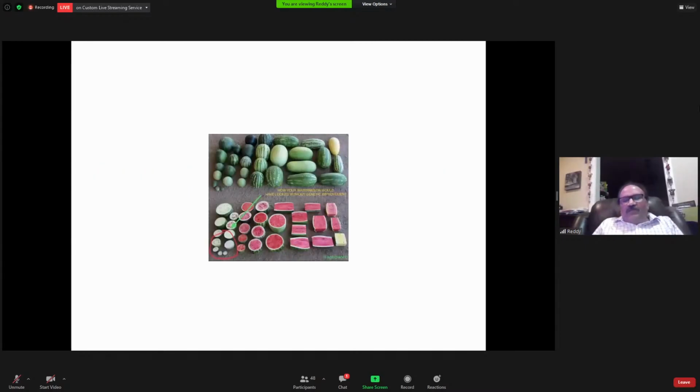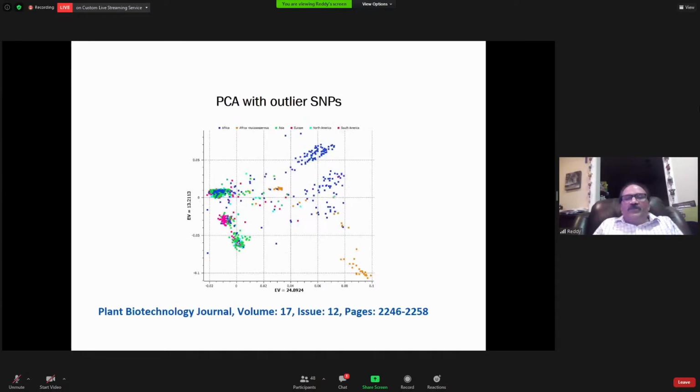So we work on the trichomes in the watermelon. This is a collection of watermelon, different kinds of genotypes. To start with, we collected watermelons from all over the world, especially from the United States Department of Agriculture, GRIN, just like we have NBPGR in India, we have collections.